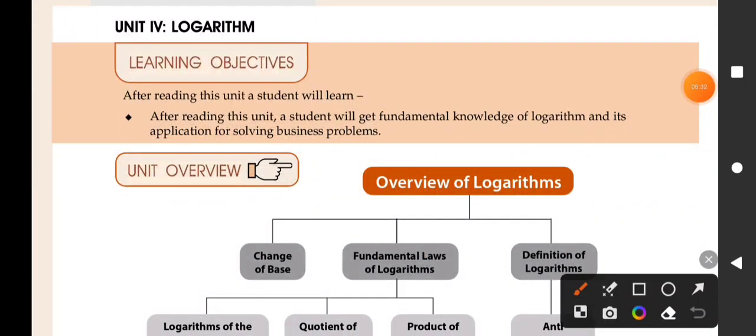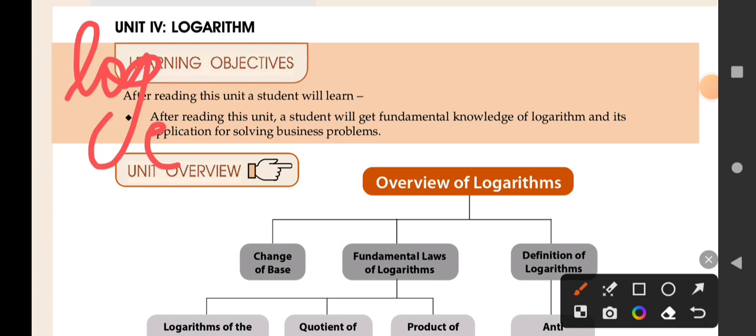So if this is phone number 1, what about other logs with other bases? For different bases, we have change of base properties. And for another base, e, that is exponential, we have another formula.